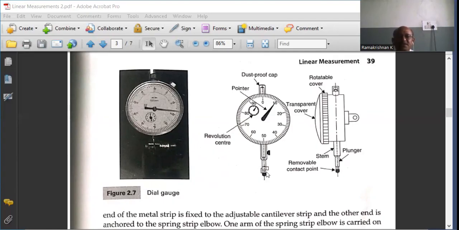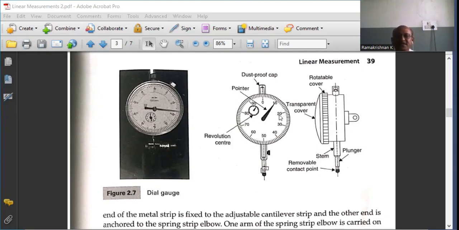As usual, the block gauges are set as per the dimensions to be checked for the linear measurement. After the ball contacts the block gauge, the dial is adjusted to 0. Now the block gauges are replaced by the workpiece to be measured. The pointer may indicate 0 or may deflect; if it deflects, there is a deviation.